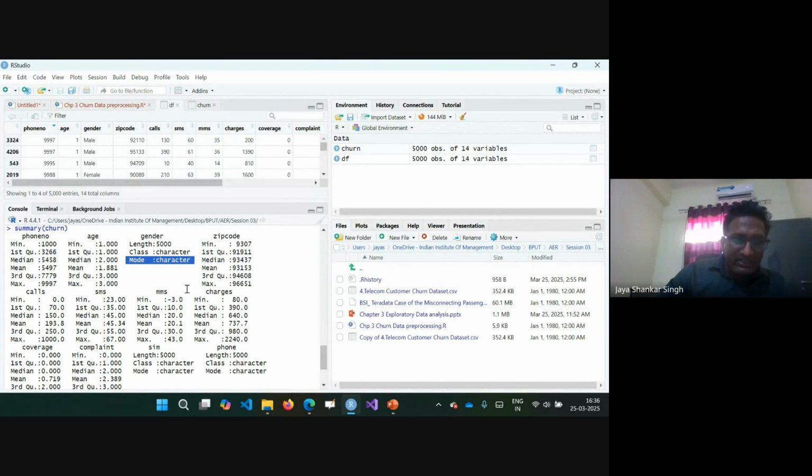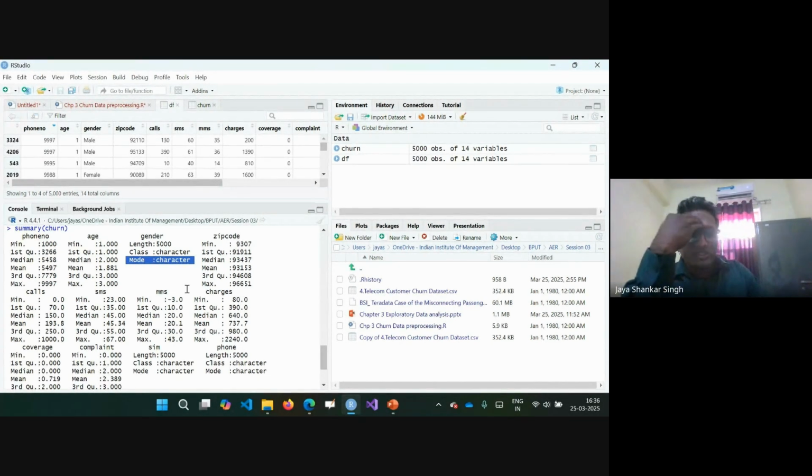What does the quartile do? First quartile and third quartile mean it divides the data into 4 equal parts. Suppose I am drawing the distribution graph of particular data. Till the first quartile I will have 25% of the observations.